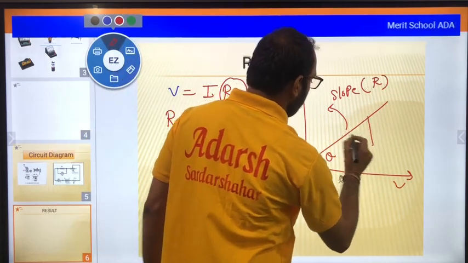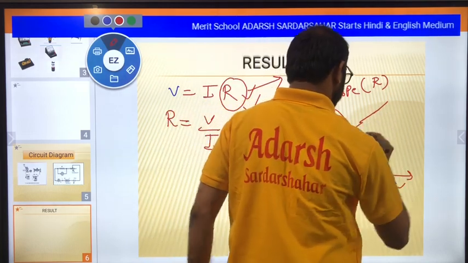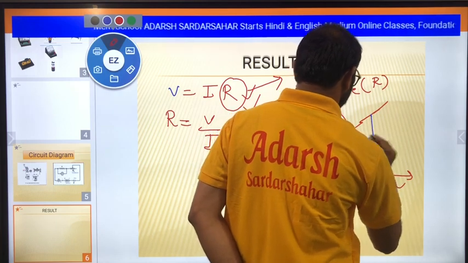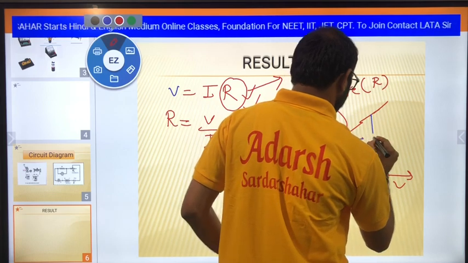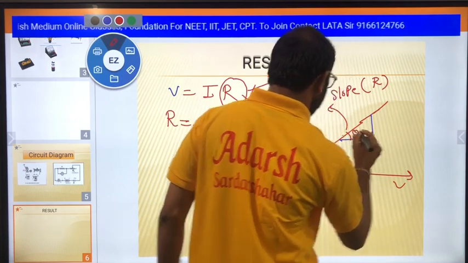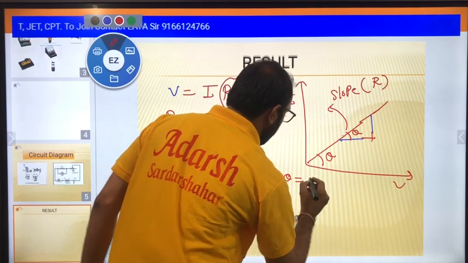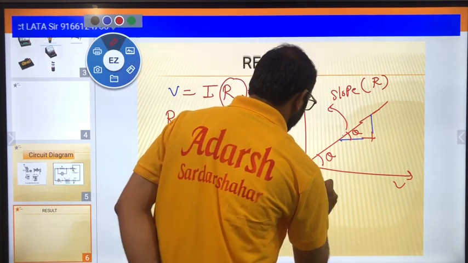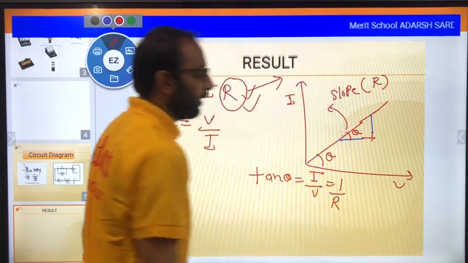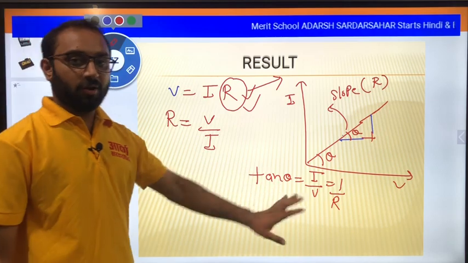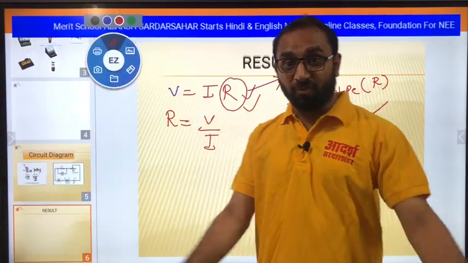I am making the graph. Then tan theta, the slope, is I upon V, represented by 1 upon R. So the slope in a graph is 1 upon R. It is clear. That is the total explanation of Ohm's law.